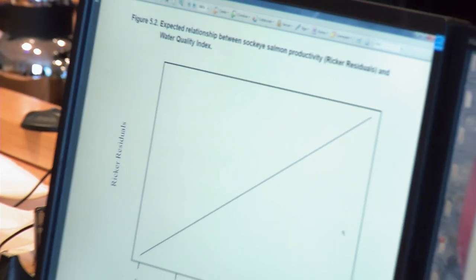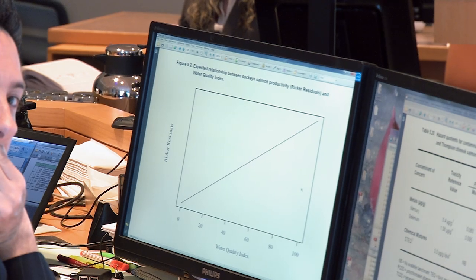Yeah. We talked about the Water Quality Index. It's an index that goes from 0 to 100. 100 is indicative of very good water quality, 0 is indicative of poor water quality. Ricker residuals are on the y-axis, running up like this. A high Ricker residual indicates relatively good productivity, and a low Ricker residual indicates poor productivity.